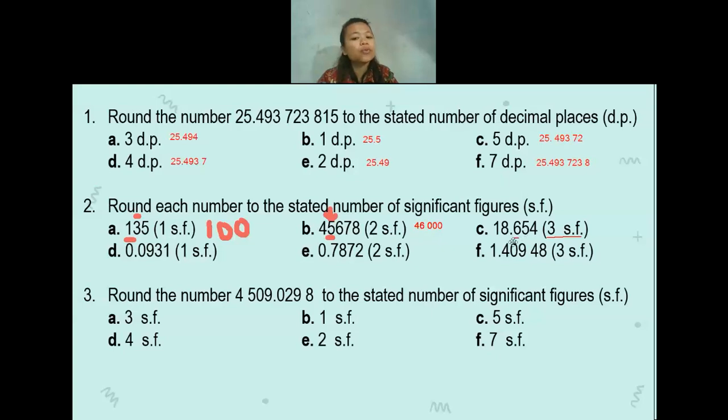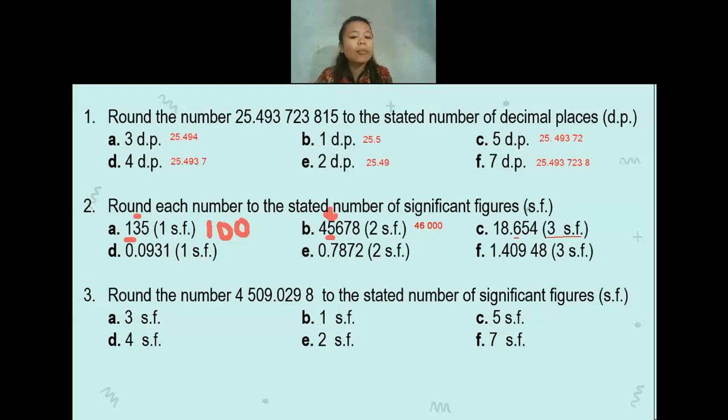After we choose the 6, we follow what we already learned, like when we round off the number to the nearest one decimal place, or to the nearest 10, it will be the same thing. The digit 6 is at one decimal place, right? So it will be the same as rounding off to the nearest one decimal place.